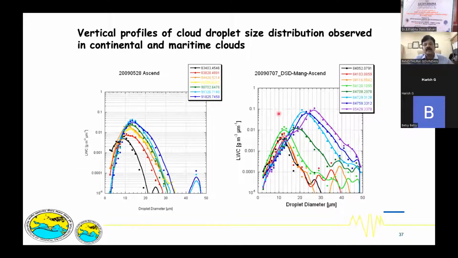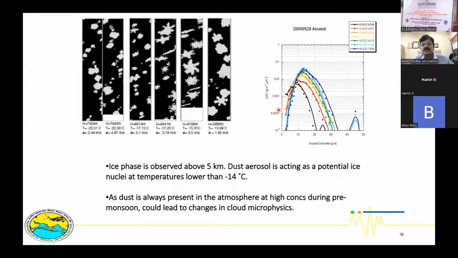So higher aerosol pollution in a dry environment can invigorate the cloud by suppressing the warm rain process. Here the cloud invigoration was there, so we could see ice phase clouds, finding the images in the precipitation imaging probe.